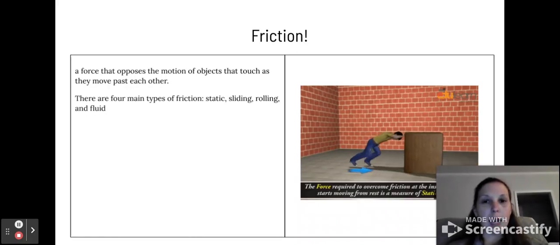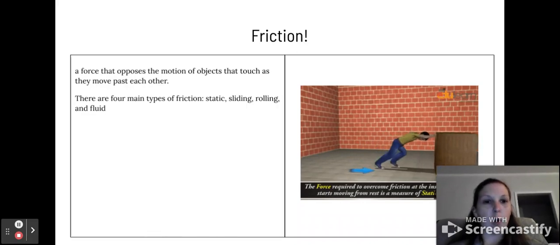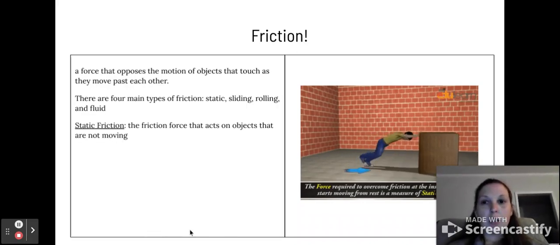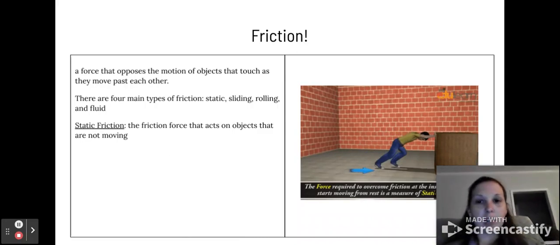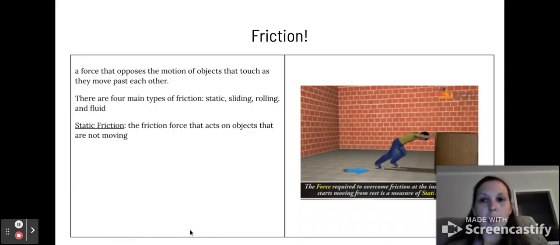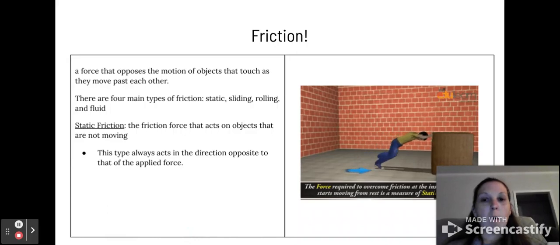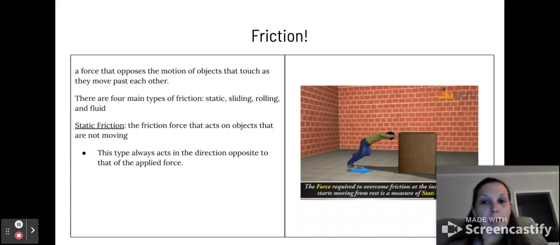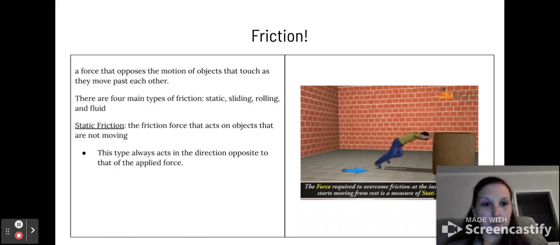There are four main types, and these are static, sliding, rolling, and fluid. Static friction is defined as the friction force that acts on an object that is not moving. Static, we think of still. Static means still. This type always acts in the direction opposite of the applied force.